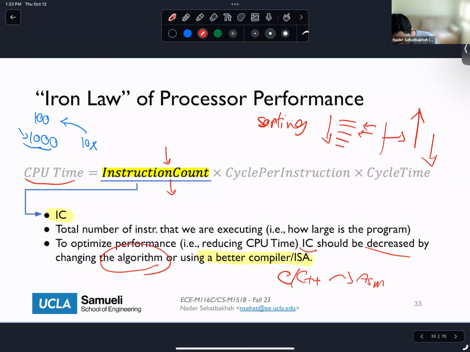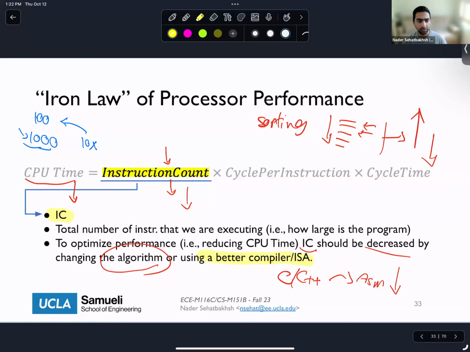So if the compiler does a better job of reducing the number of instructions, then IC goes down and CPU time goes down, okay? So that's the story of designing a better compiler, and again, it's a separate class that you probably have taken or will take sometime in the future when we are talking about programming compilers. Same story for programming languages, and that's why it's important to design better programming languages, because reducing instruction count will reduce the CPU time.